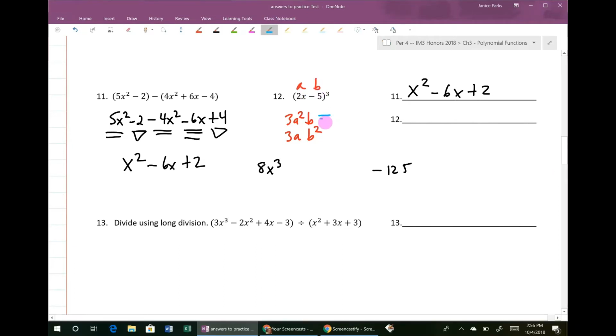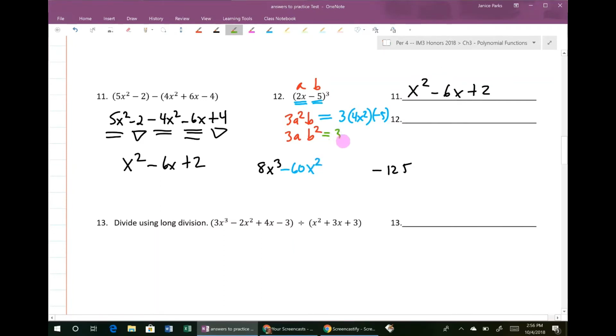So for the first part, I have 3 times a squared, which makes it 4x squared, times b, which is -5. So that gives me 20 times 3, excuse me. So 5 times 4 is 20, 20 times 3 is 60. So -60x squared.